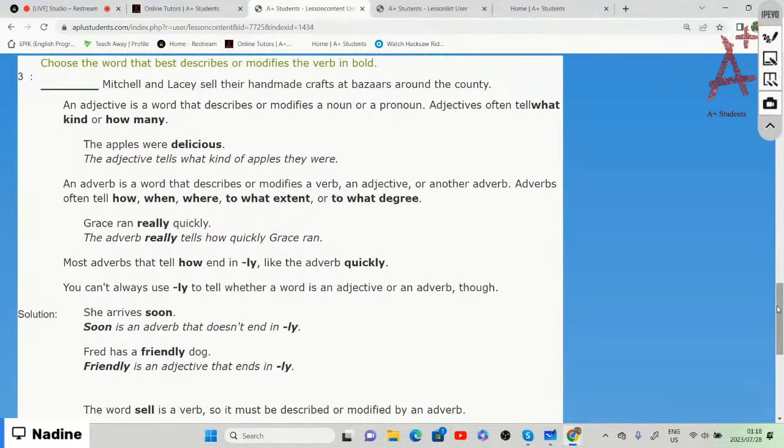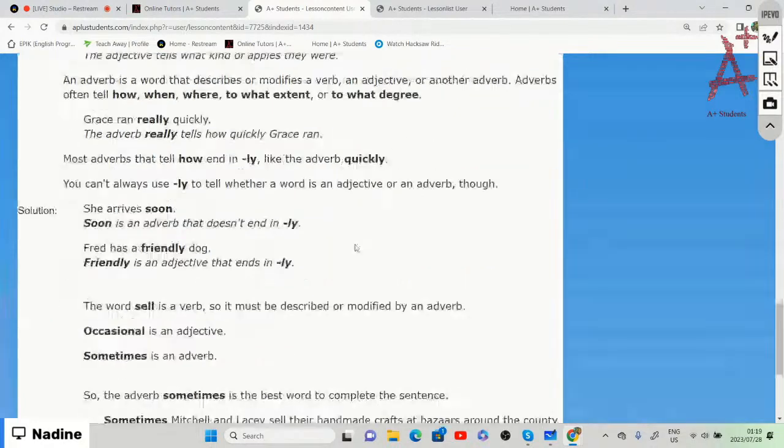So, Mitchell and Lacey sell their handmade crafts at bazaars around the country. To sell, they sell their handmade crafts at bazaars around the county, not country.